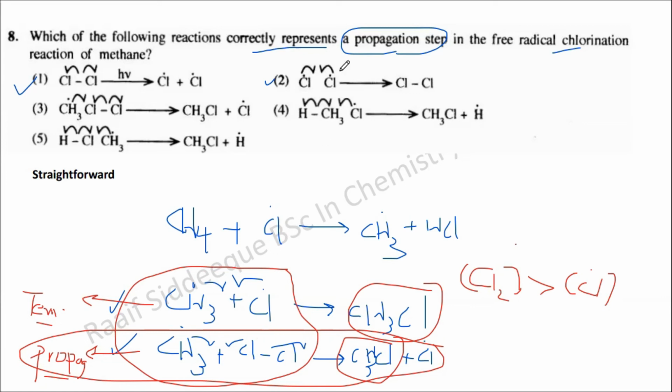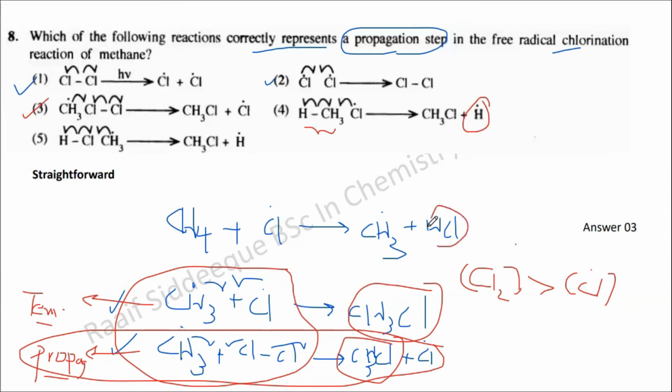So here they're asking about the propagation step. This is a nice propagation step where, when you have this CH3 radical, Cl2 molecules will come and form this one. And this one is CH4 directly. It will be attacked by Cl to form CH3, but this is not the correct one.